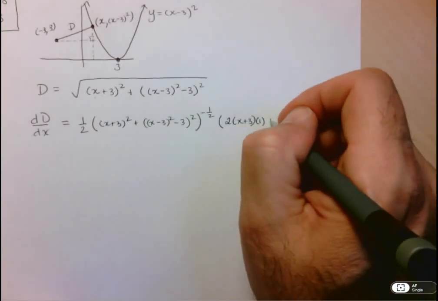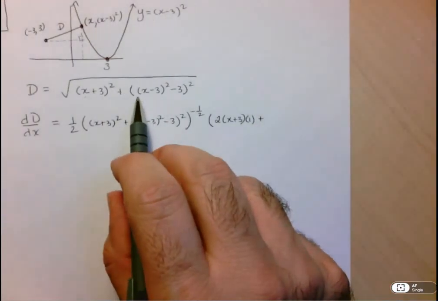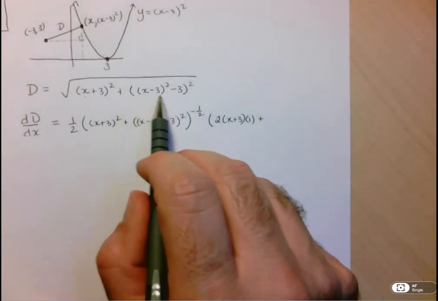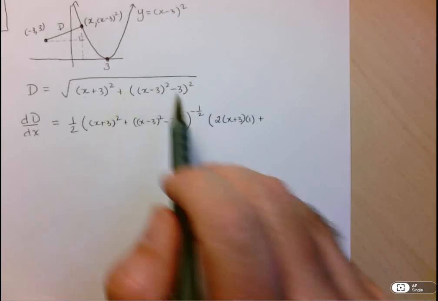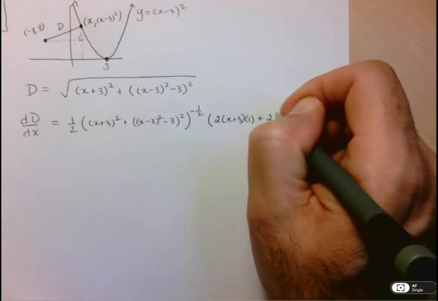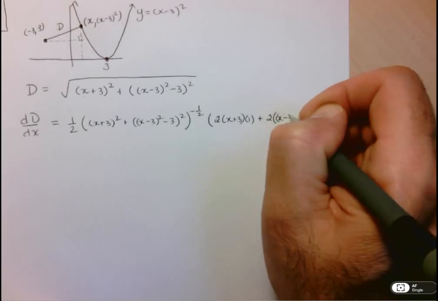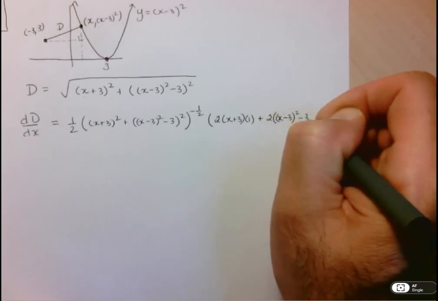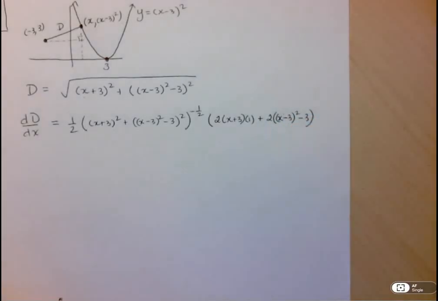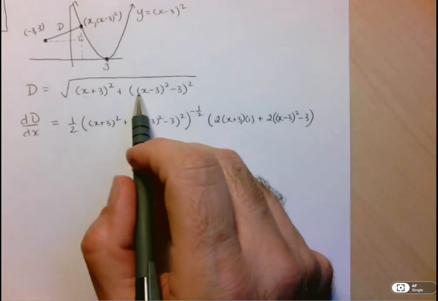Okay? Plus, now I'm going to take the derivative of this thing using the chain rule. So first I'm going to take 2 times this expression here, so 2 times ((x minus 3) squared minus 3). Okay, and then I'm going to take the derivative of the inside.